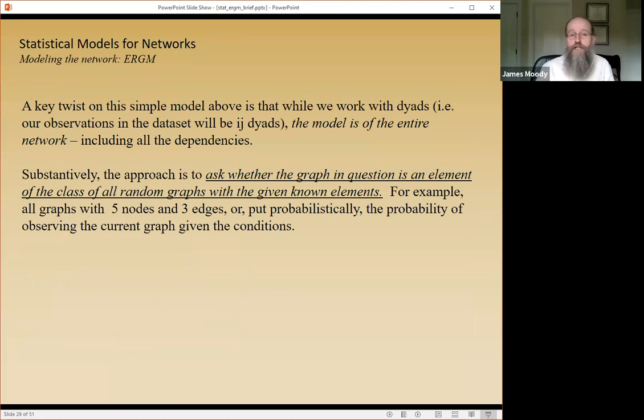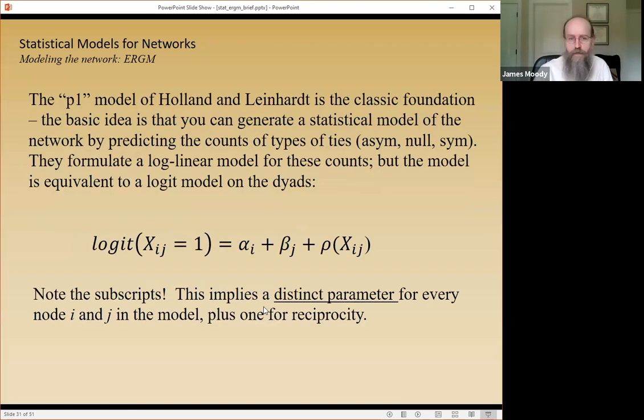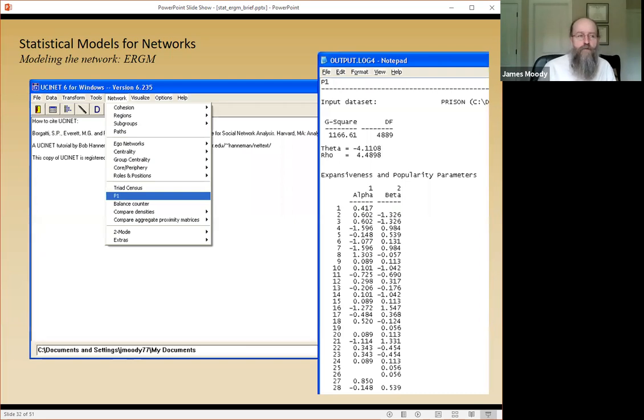And so into the breach steps this new way of thinking about networks, which is new in the sense that it builds up from a past, but has been recognized as being different, which is this notion of an exponential random graph model. It builds from these models called a P1 or a P2 model.